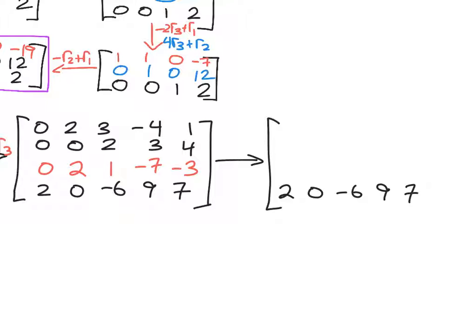So I'm thinking let's impose row 3 upon row 1. So I'm going to say negate row 3 and add it to row 1. So everything's going to remain the same except for row 1. So I'm going to just chuck all that stuff in there before I forget and screw something up.